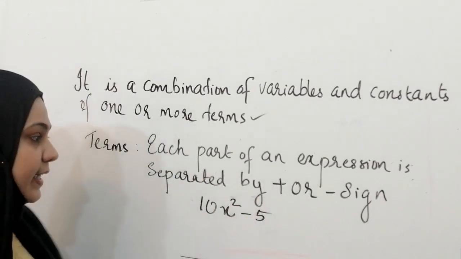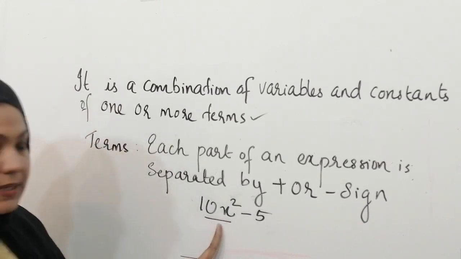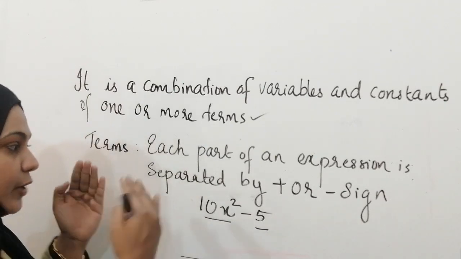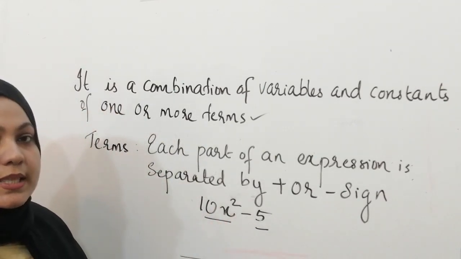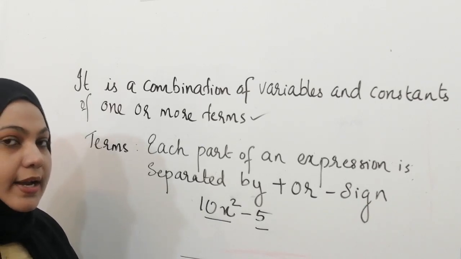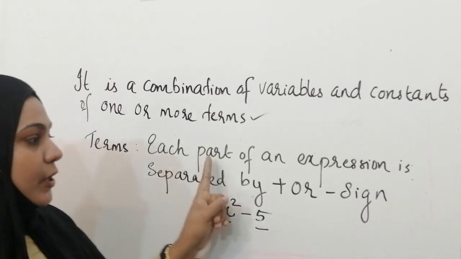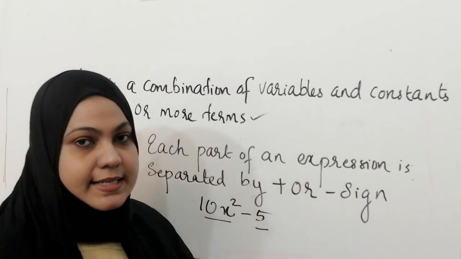Here you can see the terms. This is the first term of this expression and 5 is the second term. These two terms are separated by this minus sign. So did you understand what a term is? Term means each part of an expression separated by a plus or minus sign.